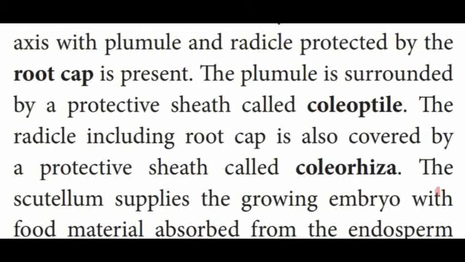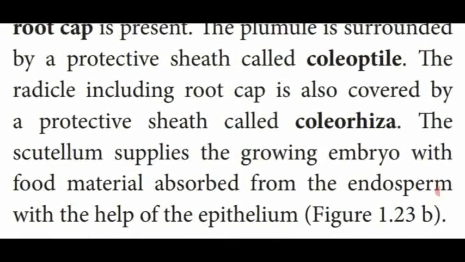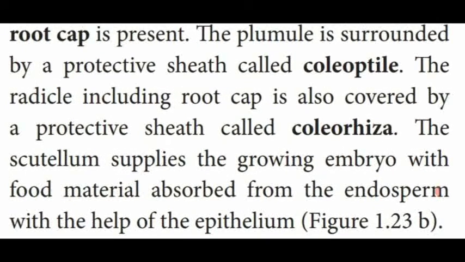Not only that, this monocot seed is somewhat different from the dicot seed. In the dicot seed, the plumule is not covered by any sheath-like layer, likewise the root. But in the monocot seed, the plumule is covered by a sheathy bag-like structure called the coleoptile. Likewise, the root is covered by a sheathy bag-like structure called the coleorhiza.